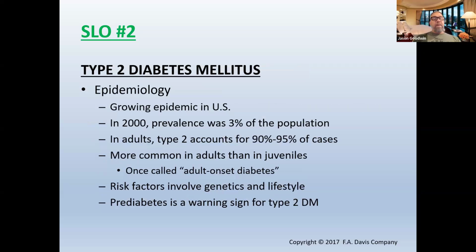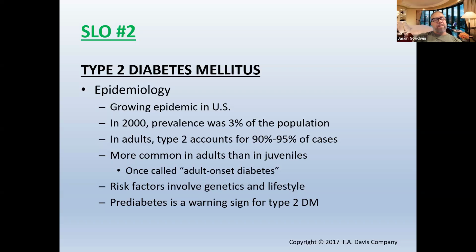Okay, so diabetes type 2, let's talk about it. It's a growing epidemic, obviously. In 2000, the prevalence was 3% of the population, but in adults, type 2 accounts for 95% of the cases. And at this point, it's not 2000 anymore, it's more than a quarter of a century later, so the prevalence is much, much higher.